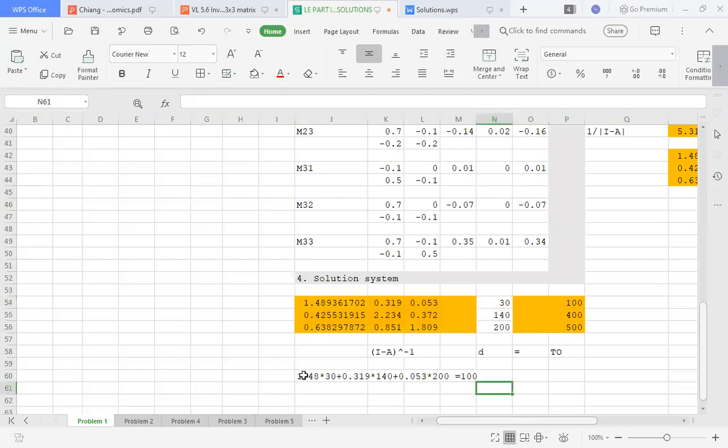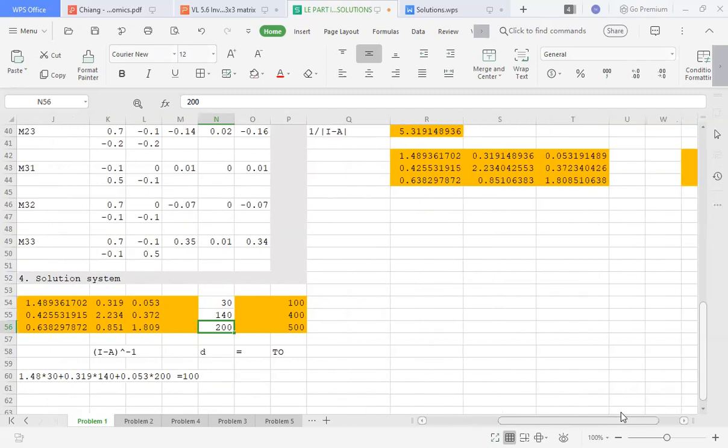Okay. So I think I just put here, how did we arrive with 100? So that's 1.48 times 30 plus 0.39 times 140 plus 0.053 times 200. Now take caution, class, do not round it off unless it's the final answer.